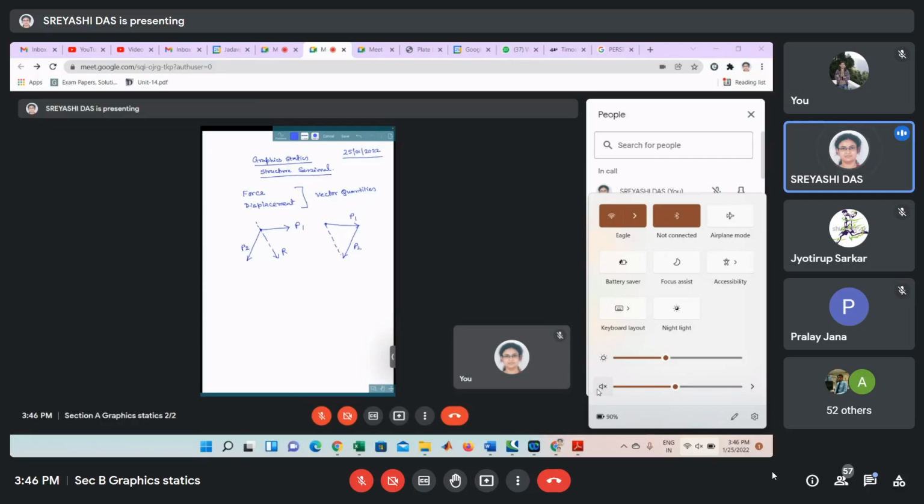So this dashed line, we have formed a closed polygon here. So this dashed line will give the reaction.